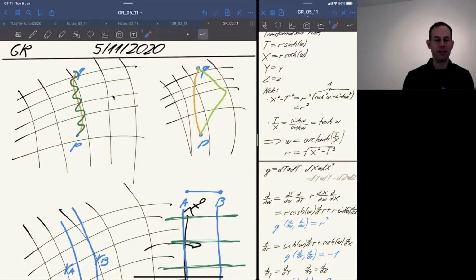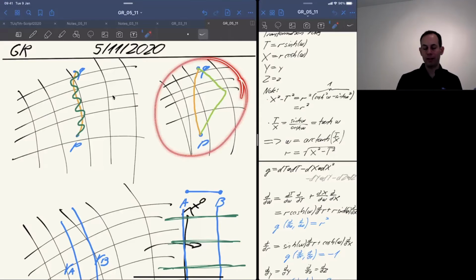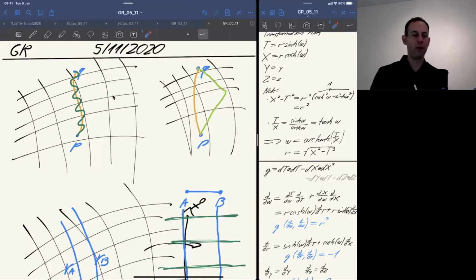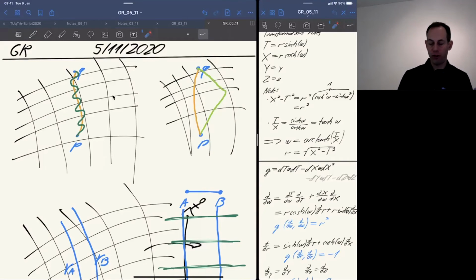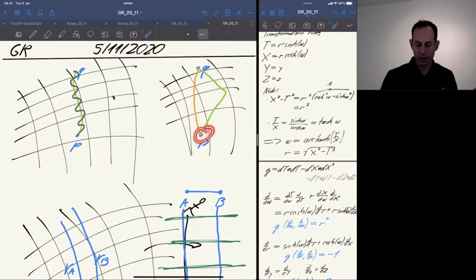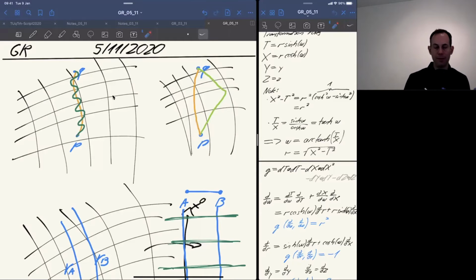So this diagram a priori only tells you that people who make different trajectories will end up with a different time on their clock when they compare them here at point Q, even if they started at the same time.